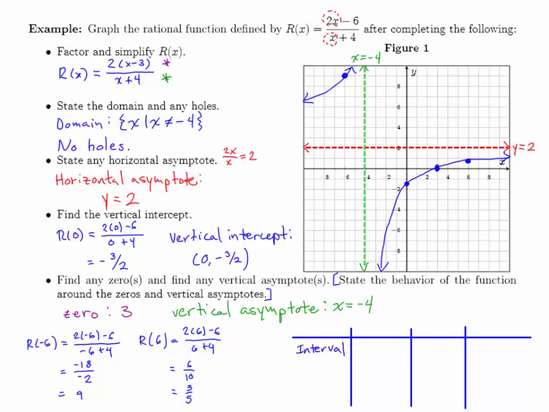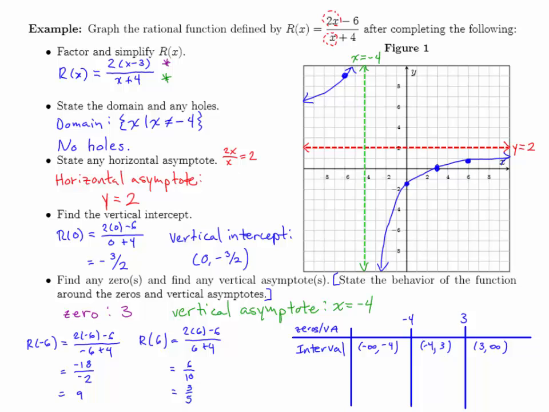Okay, so we need to know what happens from -∞ to -4, and then from -4 to 3, and then again from 3 to infinity. And so what we're really doing here is looking at the zeros and the vertical asymptotes, and we see that -4 and 3 were those breaking points.